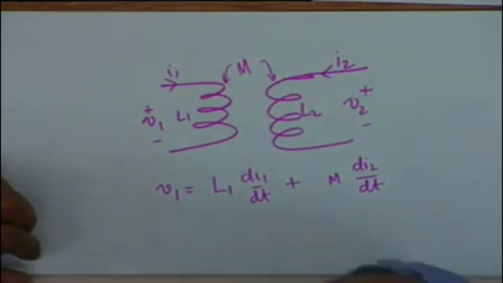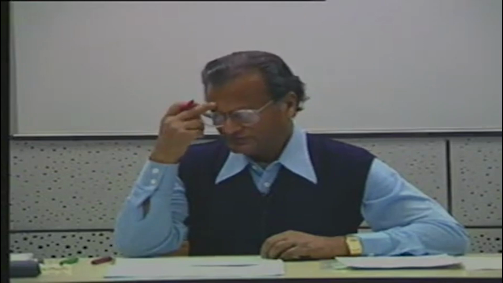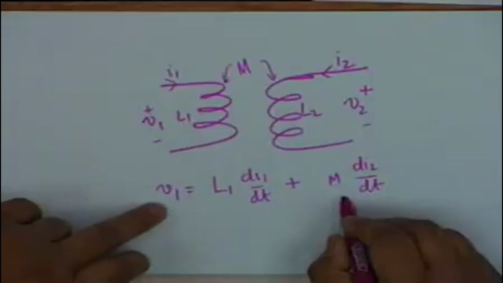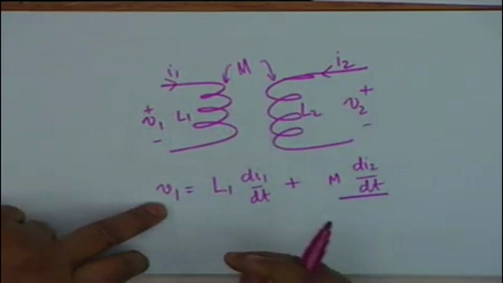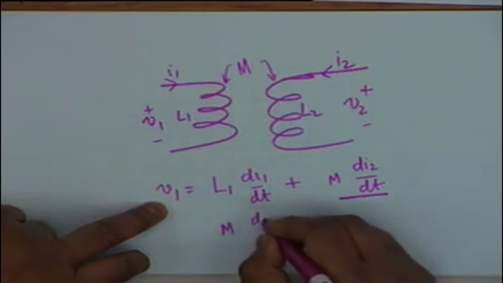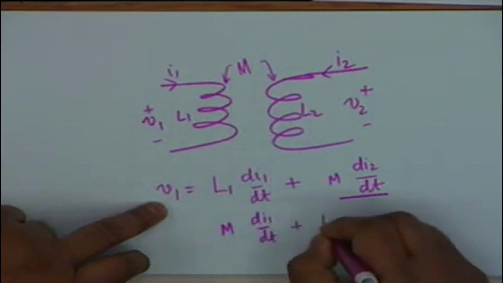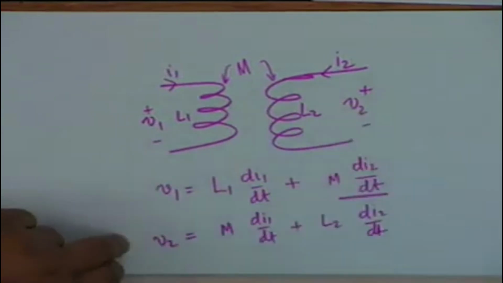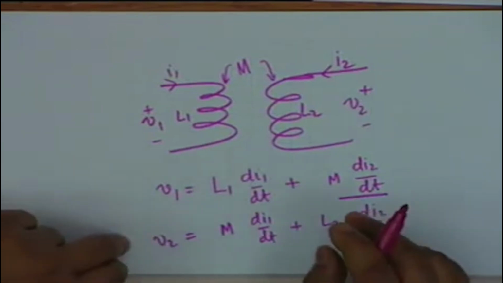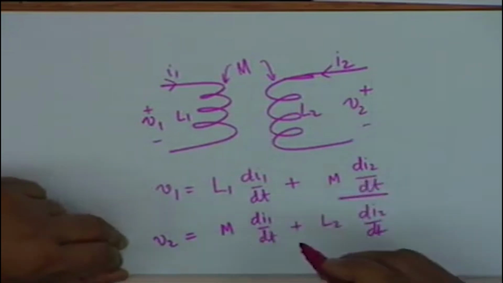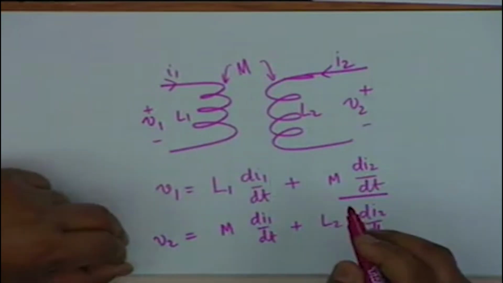What you should do actually is to have M12 and M21, that is, the voltage induced in the first coil due to current in the secondary. If you call this M12, then the other one you should call M21, and you should write M di1/dt plus L2 di2/dt. This would be the voltage in the second coil. However, due to the reciprocity theorem, the two constants are equal, that is, M12 and M21 are equal.